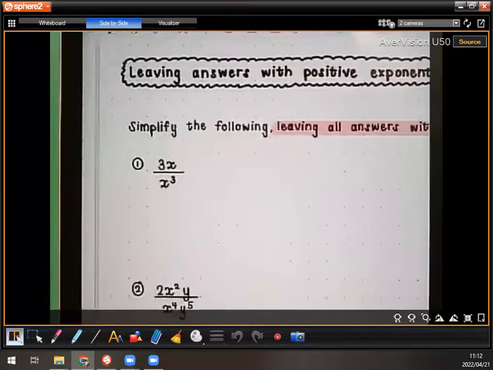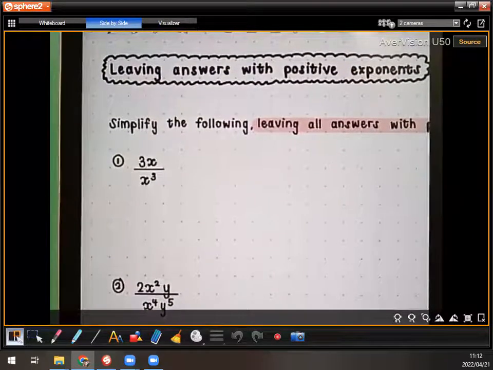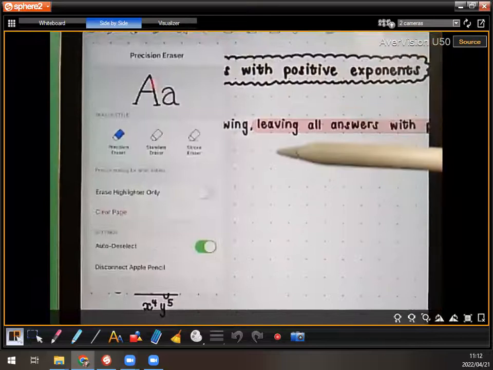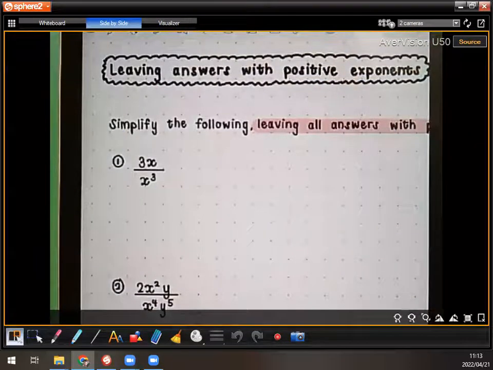Okay, so that's what you have to write in.